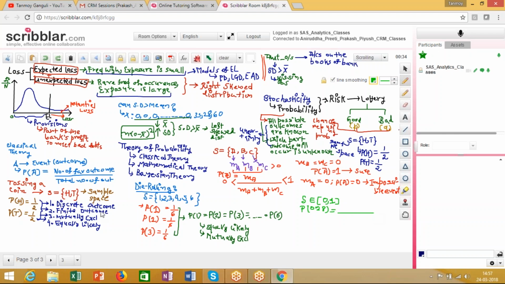Right, now the discrete outcome is not satisfied over here, because there can be innumerable numbers between 0 and 1.